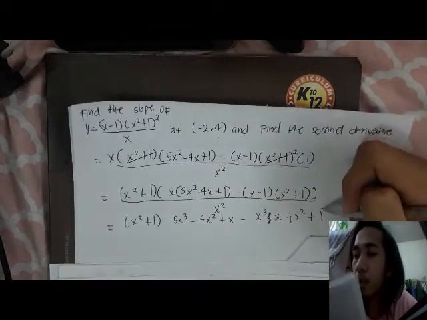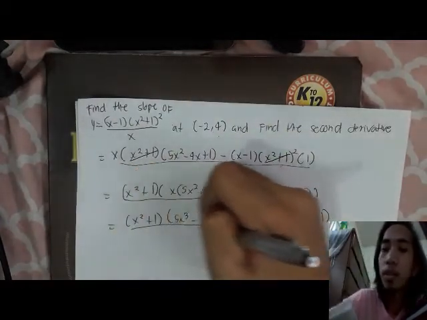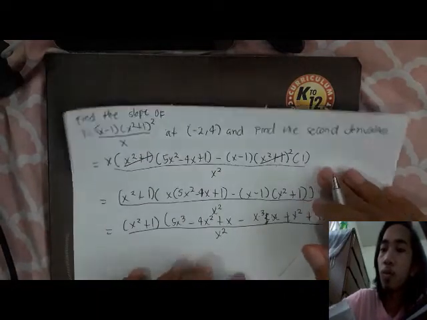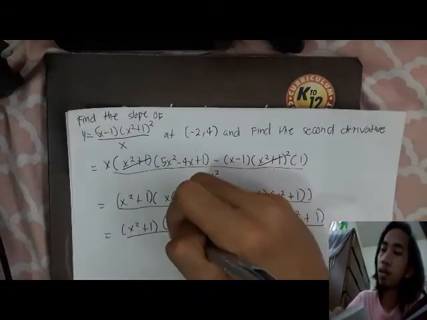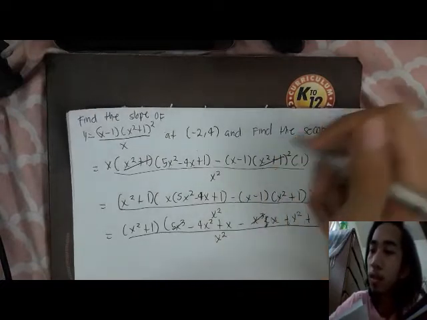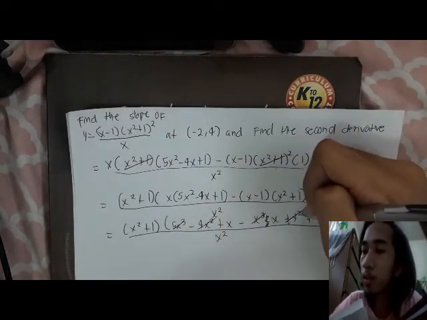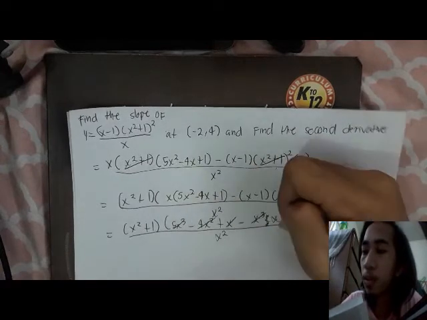So, let's combine like terms. So, combine x cube. 5x cubed minus x cubed, which is 4x cubed.